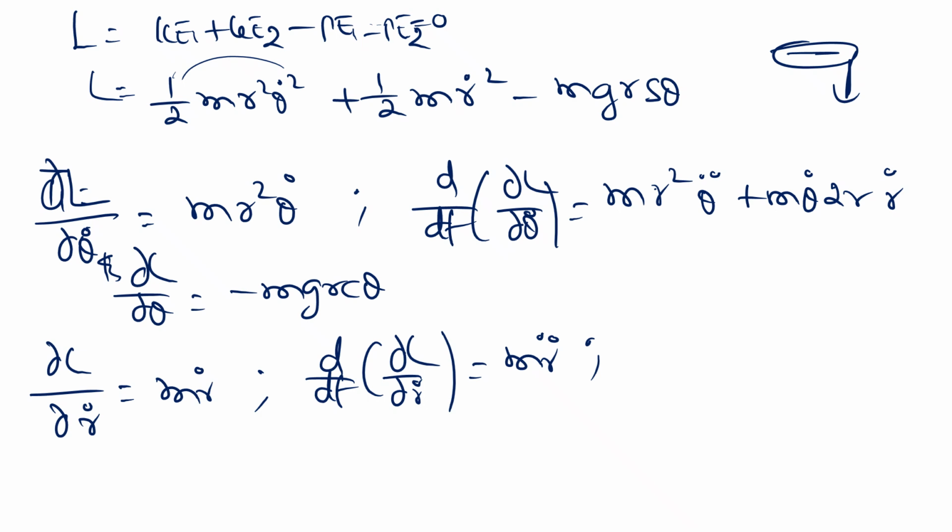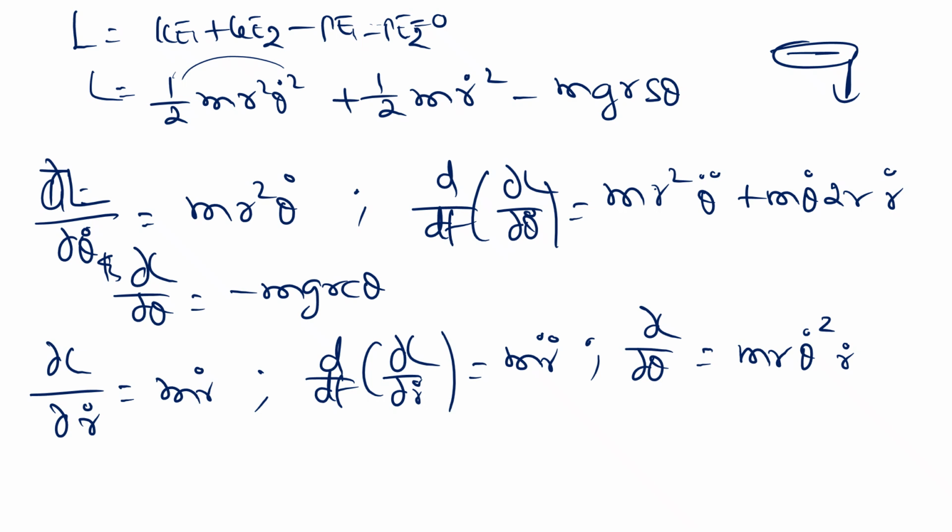Next one is dou L by dou r. So here you have r, so this 2, if it comes, 2 can cancel. So it is m r theta dot square, and then r dot because it is with respect to time. So m r theta dot square, then r dot.